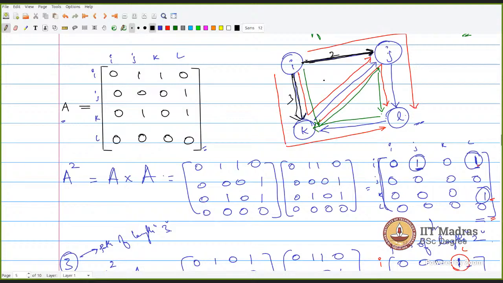We least bother about unweighted graphs, because not always every edge will have the same weight, or not every time you walk at the same pace, or not every time you reach from one district or one place to another place in one particular way, right?